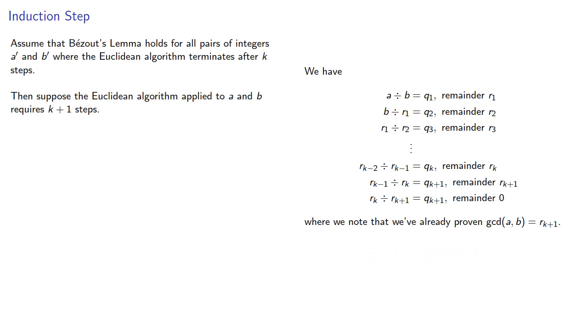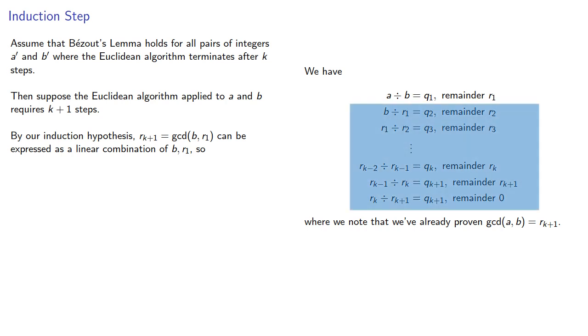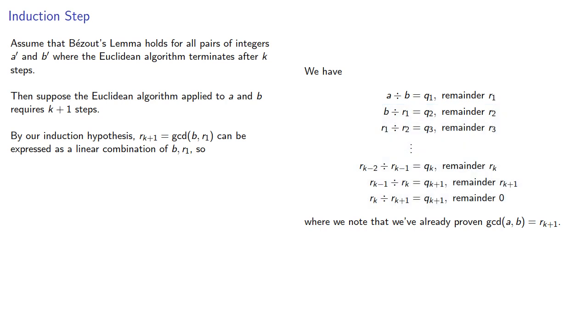Now, by our induction hypothesis, r_{k+1}, the greatest common divisor of b and r1, can be expressed as a linear combination of b and r1. So we know that there's a linear combination that gives us r_{k+1}.